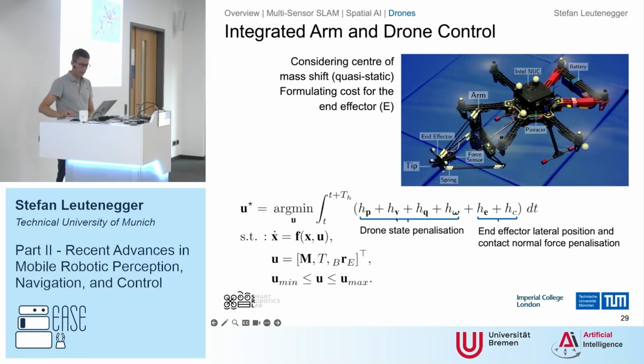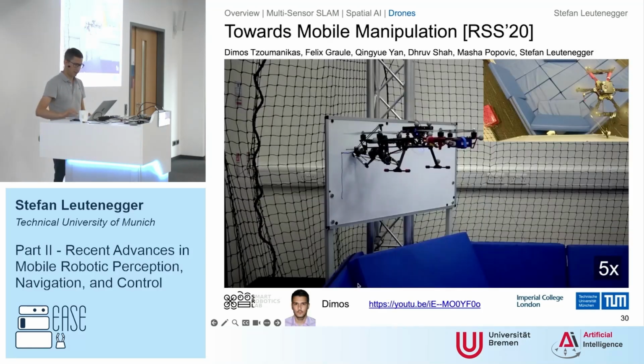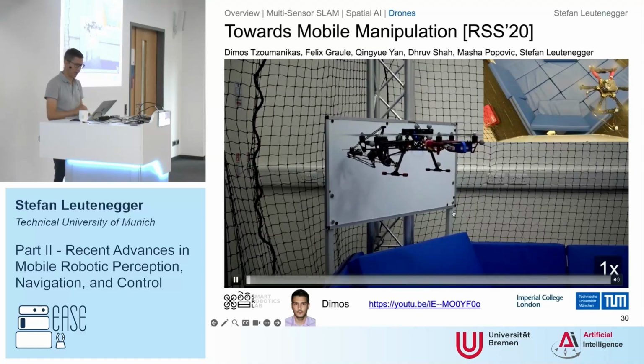The way it works is that the end effector is penalized in terms of the lateral deviation from a nominal trajectory that we want to draw, and also to maintain a force if needed onto the whiteboard. And then, you know, this is what you get.